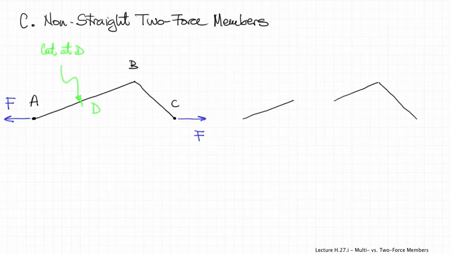So drawing now the resulting free body diagrams. This is point A, B, and C. Then of course we have the force F at the ends. Now if we look at the equilibrium of member AD, the shorter one, the simpler one, it's probably easier if we resolve force F applied at A into its orthogonal components, one running along the member and the other one directed perpendicular to the member, like so.